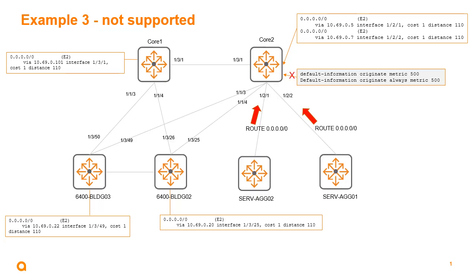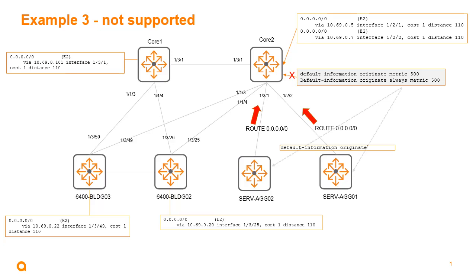We can't do that. The key is probably recognized in the CLI syntax. Default information originate can only be applied at the routers that are effectively advertising the default route out. In this case, it's AGO2 and AGO1, and there we could actually change the metric on those routers.